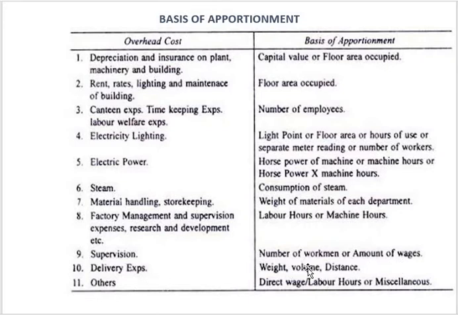Delivery expenses use weight or volume or distance, and other expenses, if any, are apportioned using direct wage or labor hours or miscellaneous expenses. So based on this we have to apportion the expenses to various departments on an equitable basis.